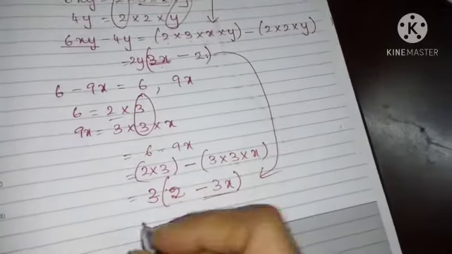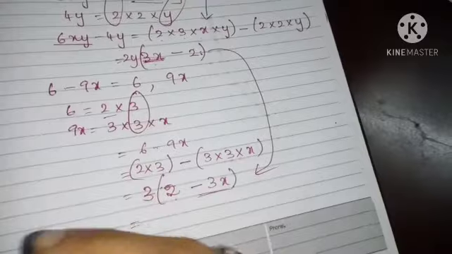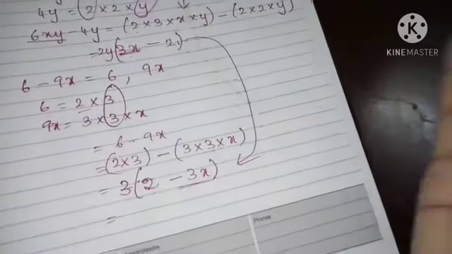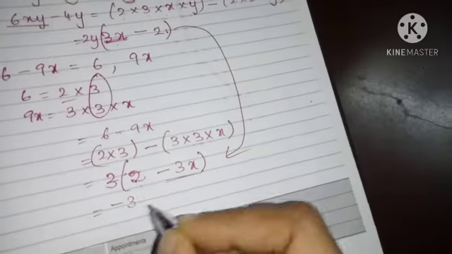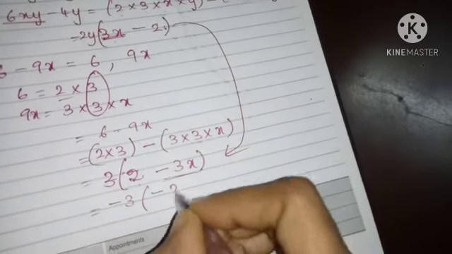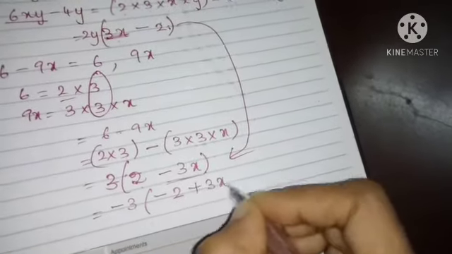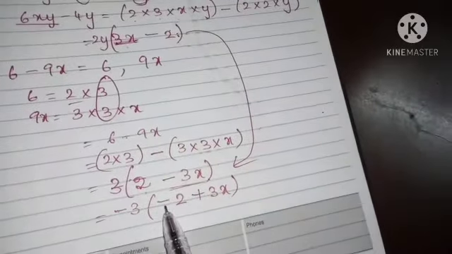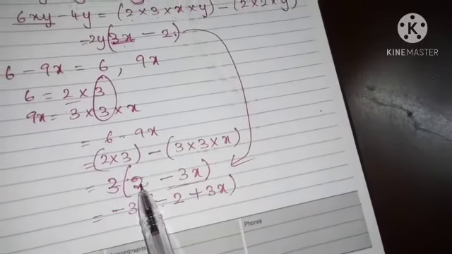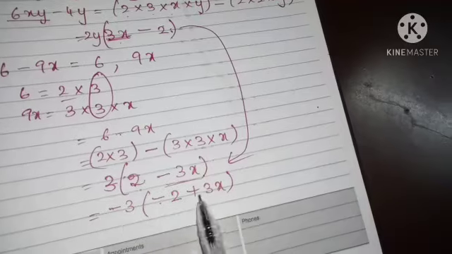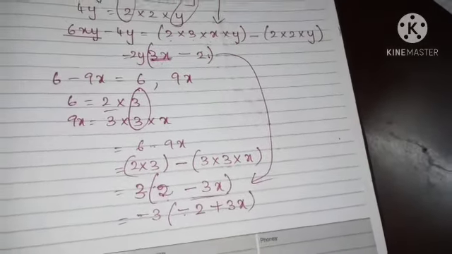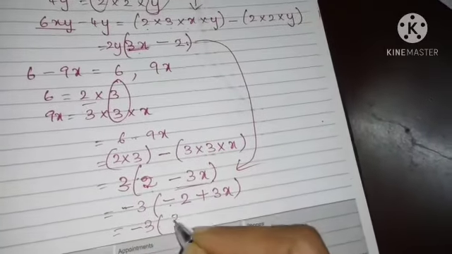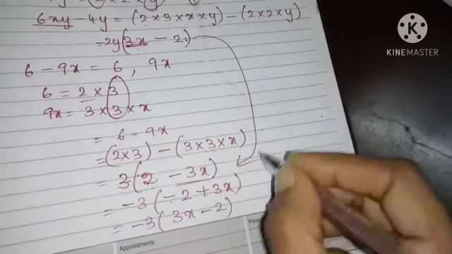I should bring minus outside. If I bring minus outside, minus 3 into minus 2 plus 3x it will be. See children, if I bring this minus inside, minus into minus is plus 2, minus into plus is minus 3x. So I have brought this minus outside. So what is the answer? Minus 3 into 3x minus 2. I have just exchanged it.